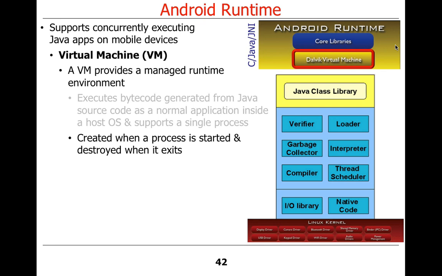And the zygote has loaded into it pretty much every single library that Android has, whether it be in C, C++, or Java. So it's got everything in it. And whenever you start a new application, the zygote basically does what's called a vfork. It creates a logical copy of itself, but doesn't make a physical copy. It just does a logical copy, which involves updating some counters in the virtual memory management system. So it's really fast to do.